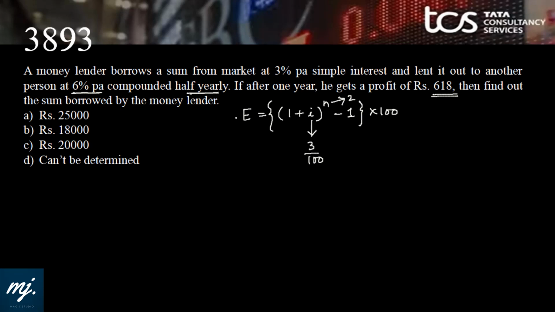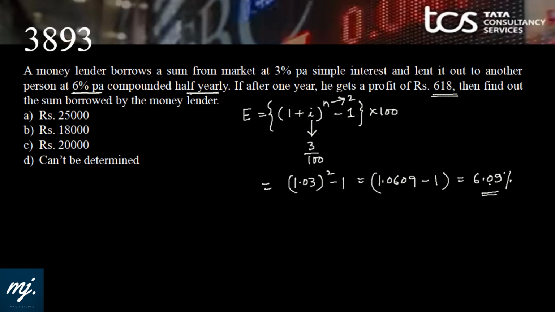So effective simple interest of this compound interest would be 1.03 whole square minus 1. Now 1.03 square means 1.0609 minus 1 into 100. If I do, I'm left with 6.09%. So that is the effective simple interest on this 6% compound interest half yearly converted into yearly.